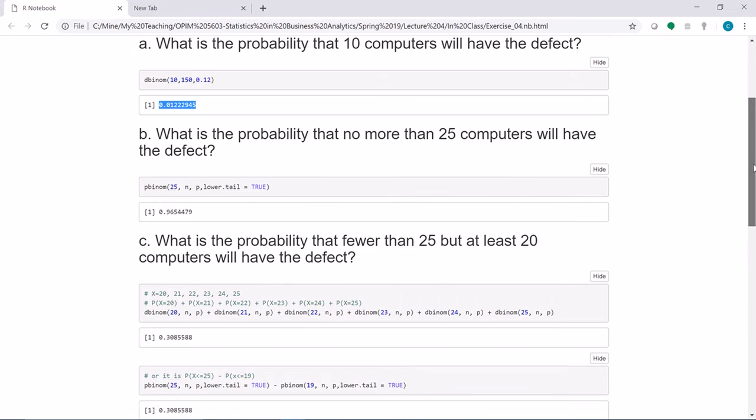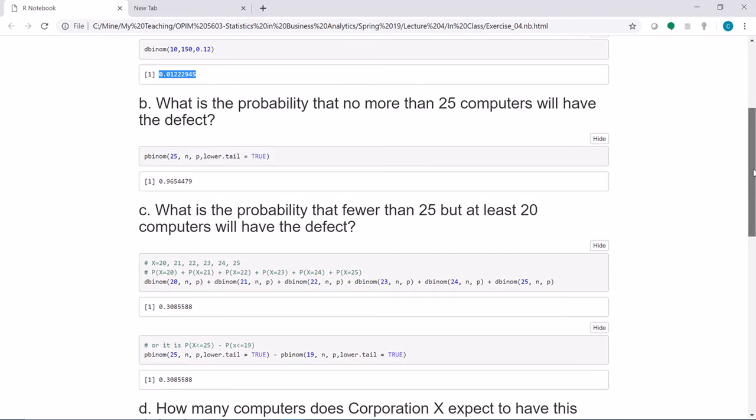Question B, what is the probability that no more than 25 computers will have the defect? So this is about using pbinom, which is the probability P of X less than or equal to 25. So you put in all the numbers, right? 25 for x, n for the sample size, and p for the probability.